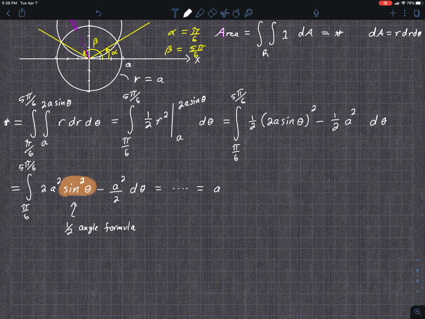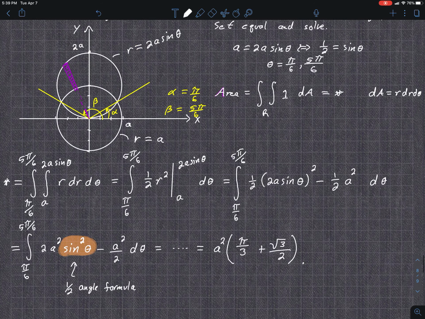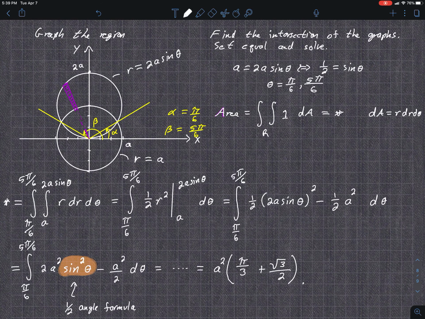All right, so then do that there. Rest is probably just a constant, and then it works nicely out. After that, you get a squared, and then you get pi thirds plus root 3 over 2. I wouldn't say that's nice, but I do have an answer for it. So check that out, see if you can get that.